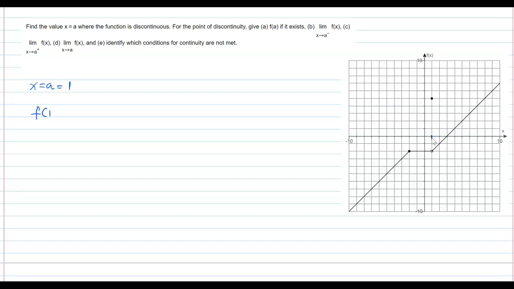So what is f of 1? F of 1 is equal to that point here, right? And that exists, and it's equal to, let's count, 1, 2, 3, 4, 5. So it is equal to 5. F of 1 is 5.